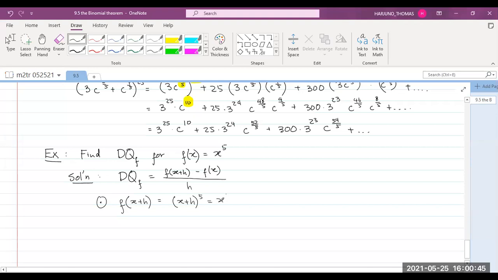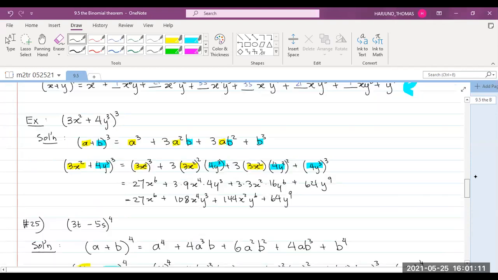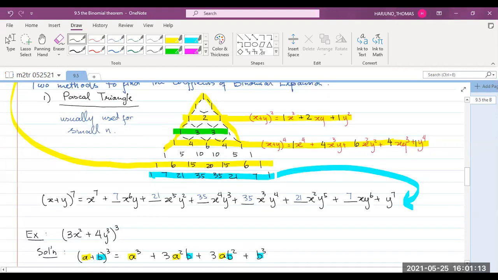Which is x to the 5th plus 5x to the 4h plus 10, 10, 5, 1. Yeah, I'm referring to this expansion here: 1, 5, 10, 10, 5, 1.